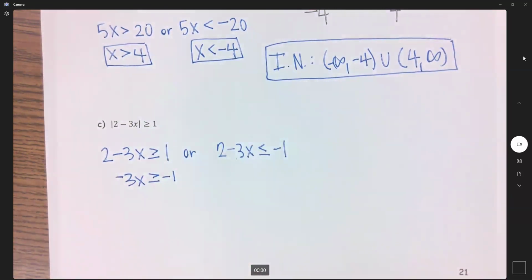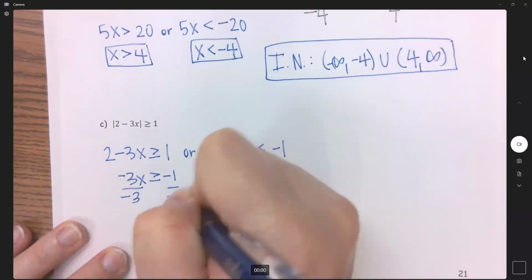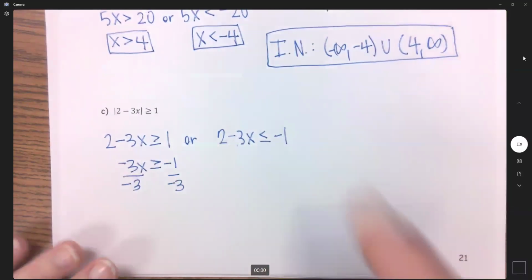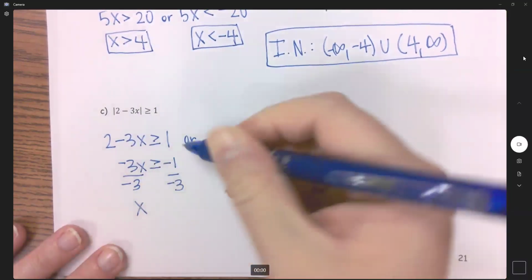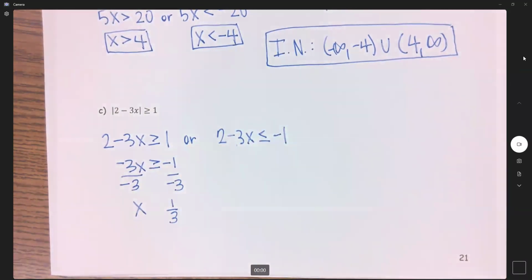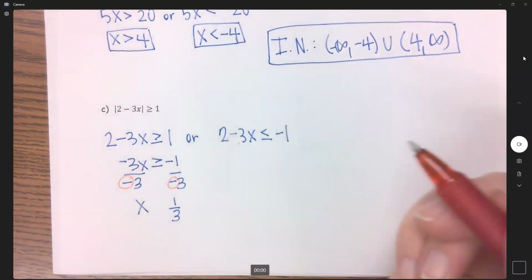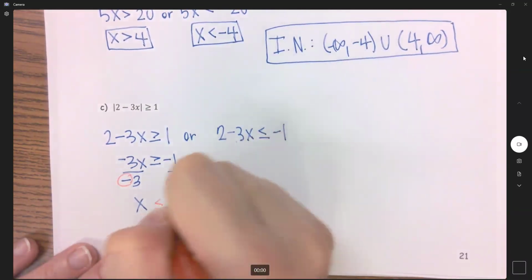Ooh, and what happens as well? Let's just go ahead and write this. When I divide by -3, we said negative over negative becomes positive 1/3. But because I am dividing by a negative, flip that sign.